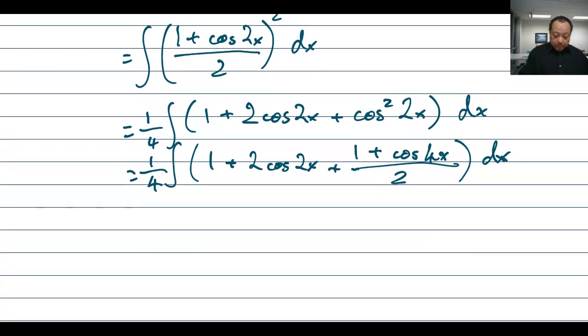Now I can integrate. Integral of 1 is x plus 2 times the integral of cosine 2x, which is sine 2x over 2.